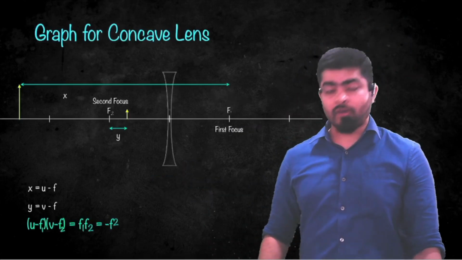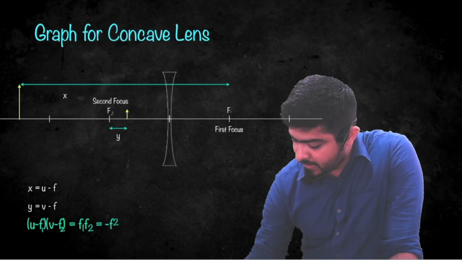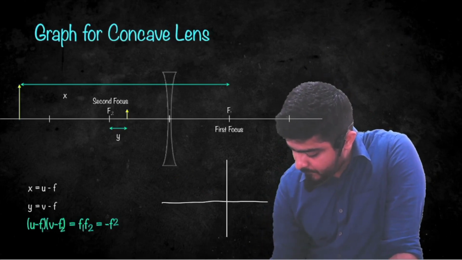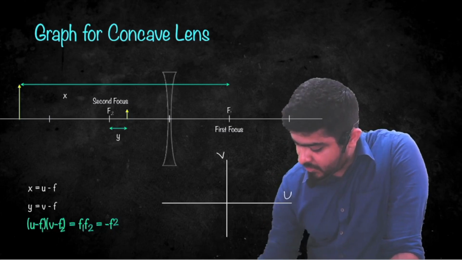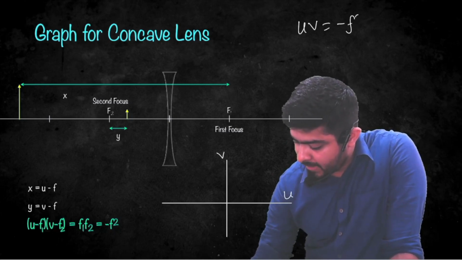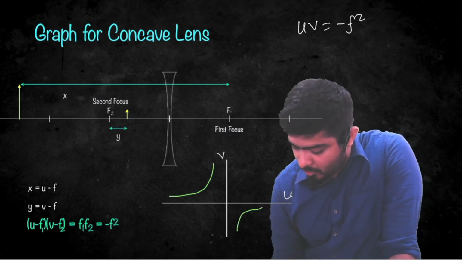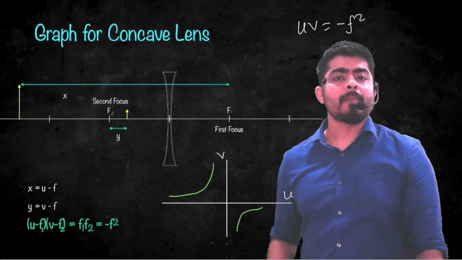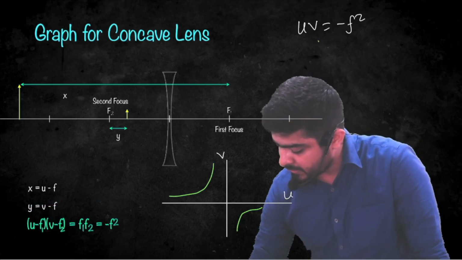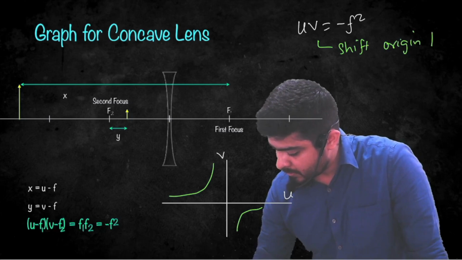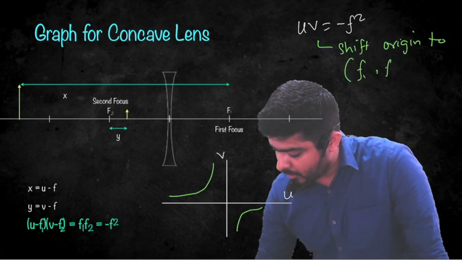Now what about the concave lens? So in concave lens also we will follow the same process. Okay, so this is v, this is u. For uv equal to minus f square, my graph should look something like this. But according to my formula, I have to shift the origin to f1 comma f2.